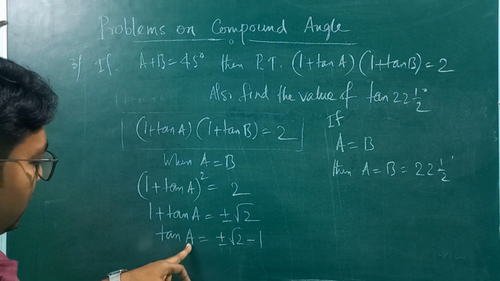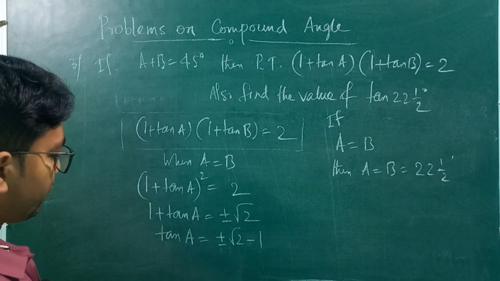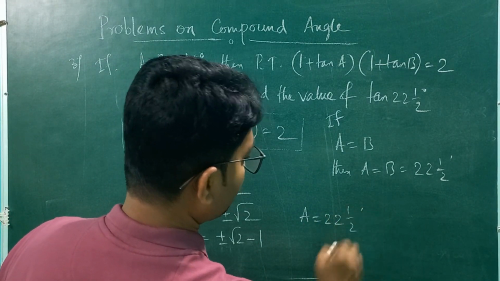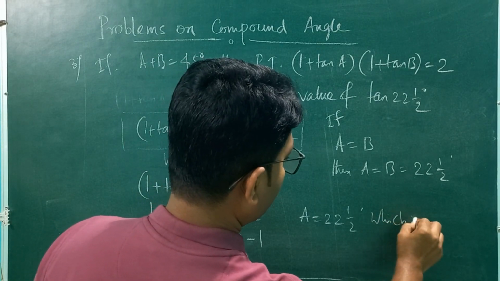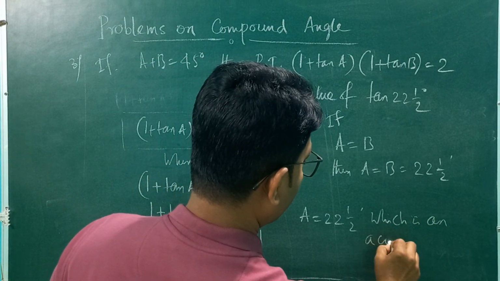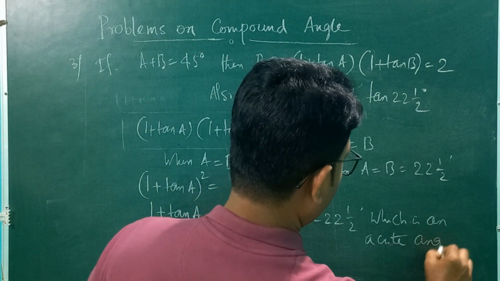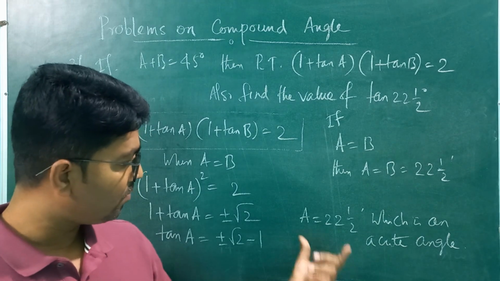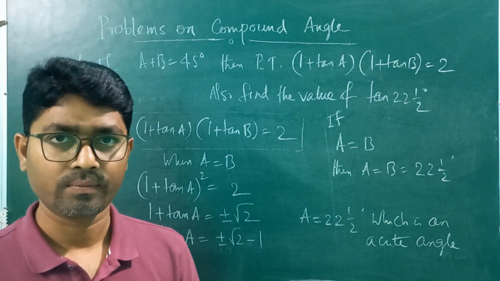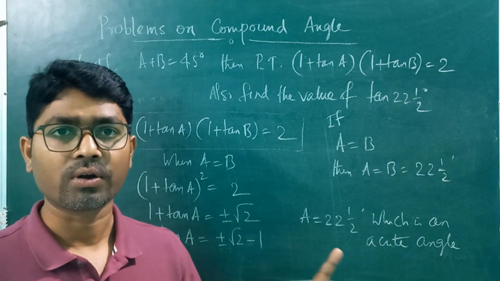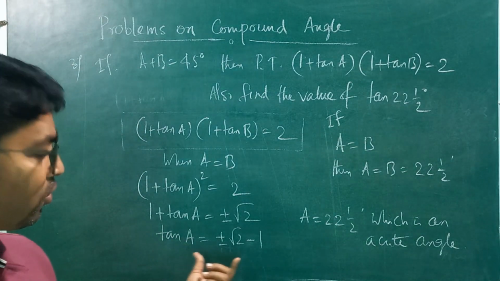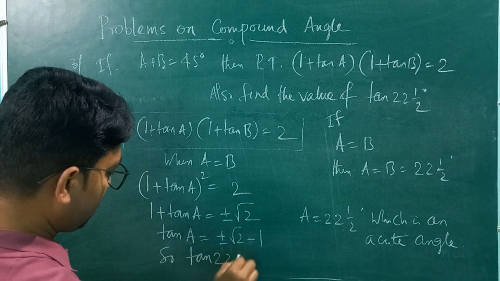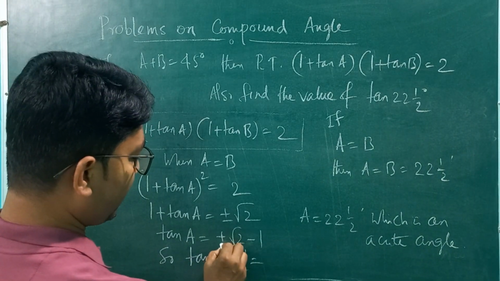When a equal to b, then a means 22 and half degree, which is an acute angle. Now you know, for any trigonometric ratio, if a is an acute angle, then its value is positive, because this angle lies in the first quadrant. So this value cannot be negative. So for tan 22 and half degree, we cannot take the negative sign.